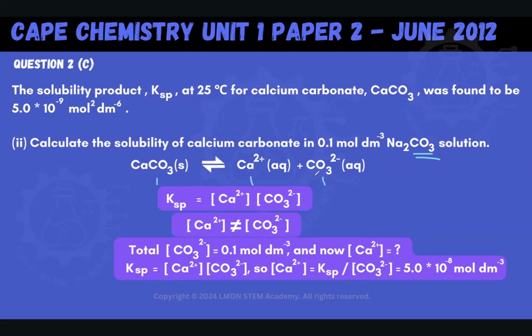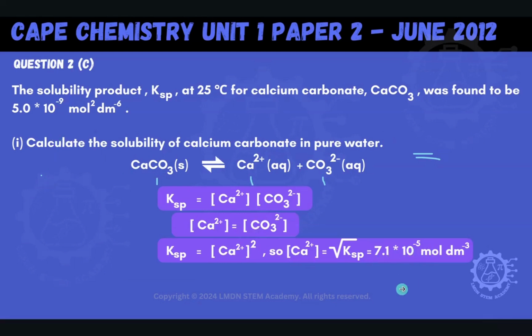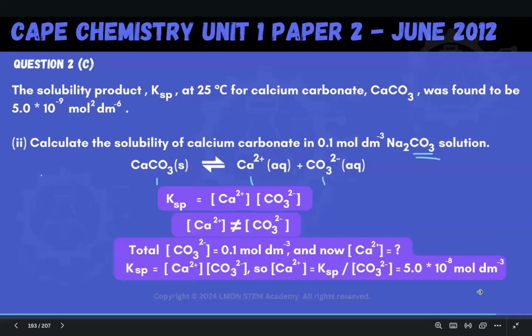Effectively, the solubility or the concentration of calcium that we had from before, let's go back real quick and see what that number was. That was 7.1 times 10 to the minus 5. So we're just going to keep that number handy.